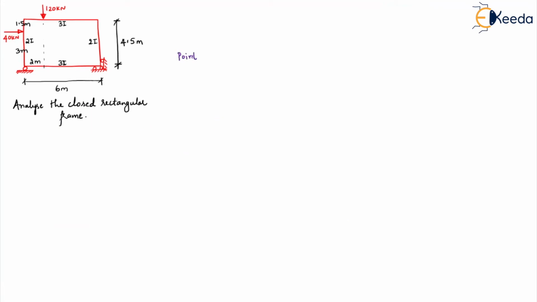Okay. Let us write point MS, then P by A, then MYY by IYY, then MXX by IXX, then M, then MF, final moment.